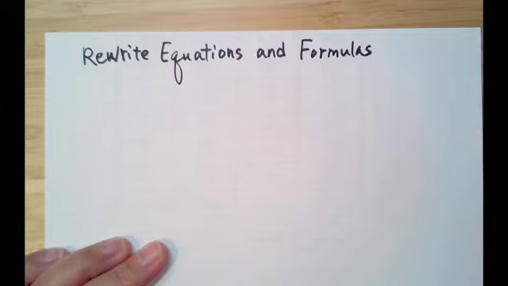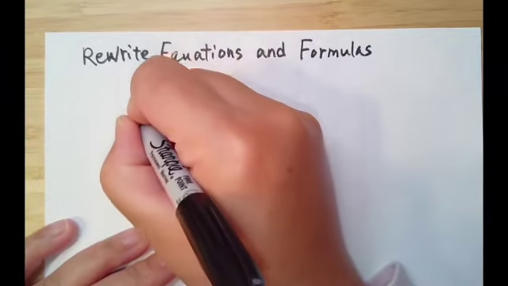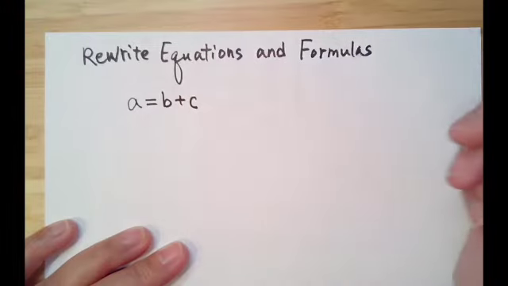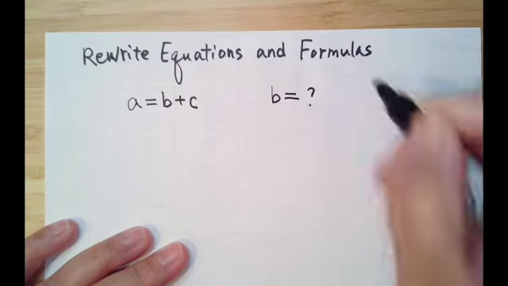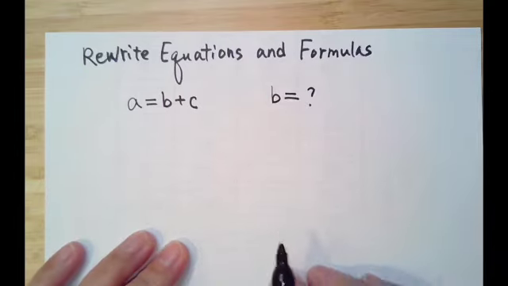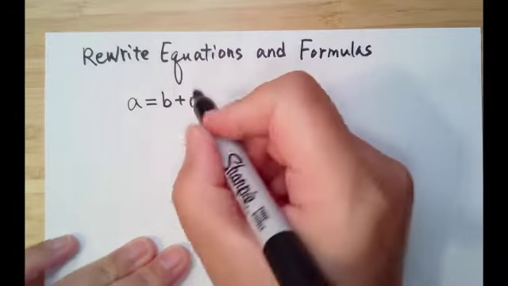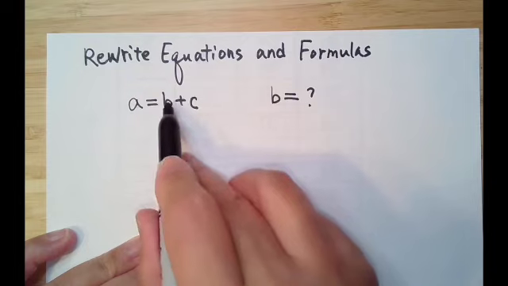Which means this. For example, if I give you A equals B plus C, and I want to rewrite it as B equals what? Sometimes you see this case, you don't really have numbers, and maybe you have a number, but anyway, I'm asking for some letter.